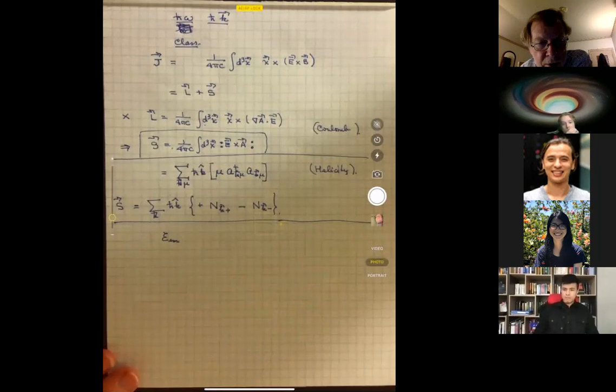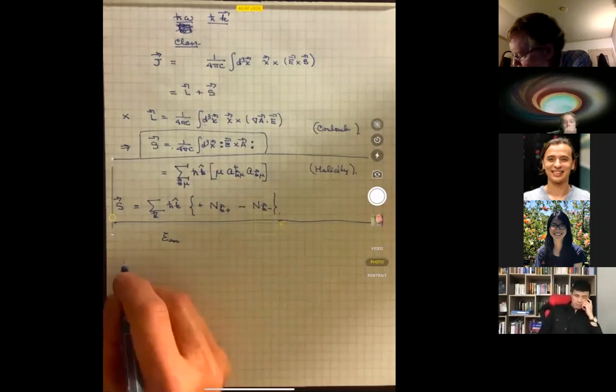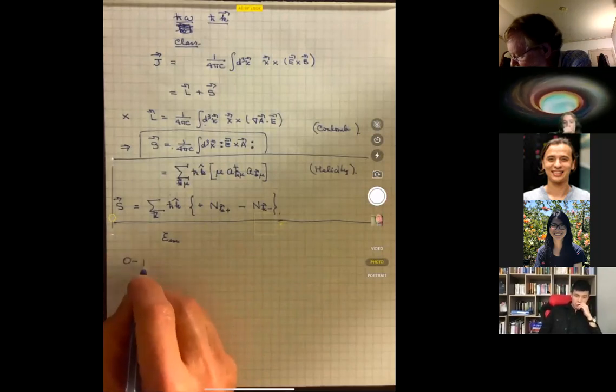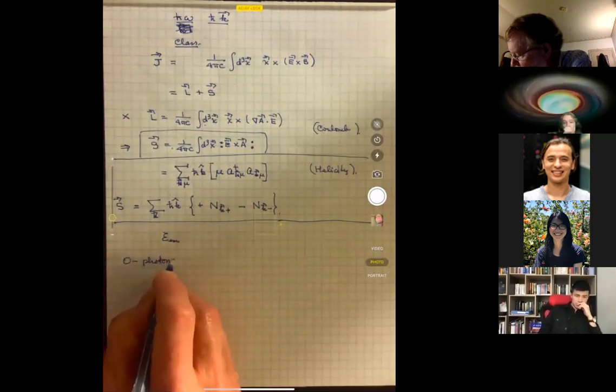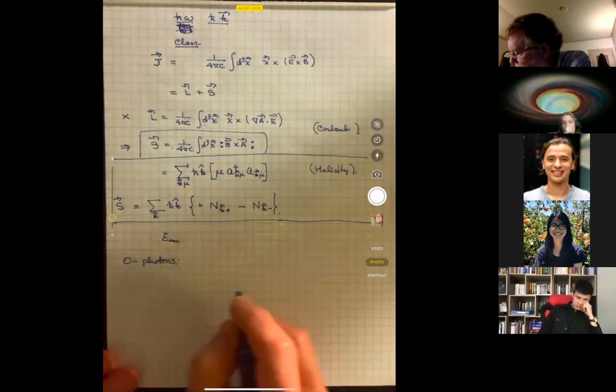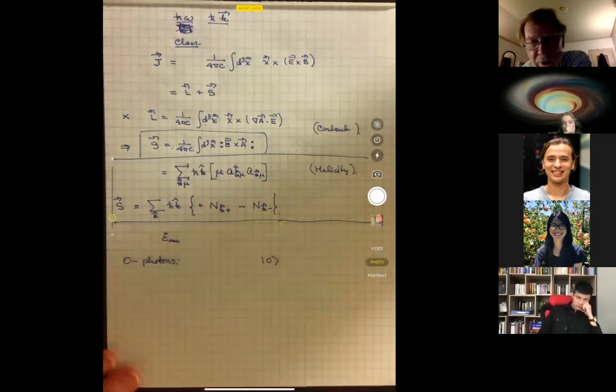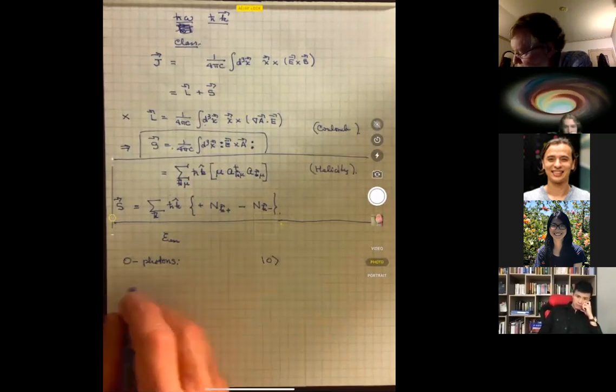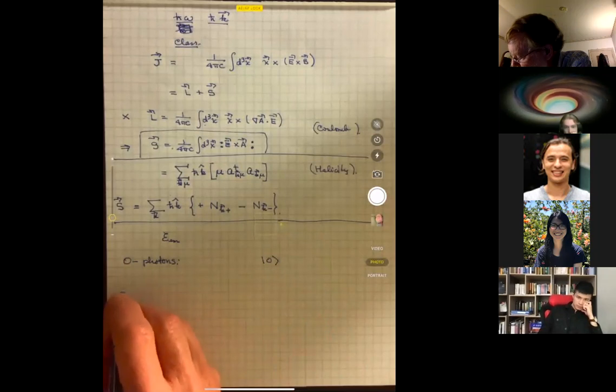We can break the state space up into subspaces depending on the number of photons. The space that has 0 photons in it, and now I'll use continuum normalization, is just the vacuum. That's all there is. It's a one-dimensional space, spanned by a normalized state.